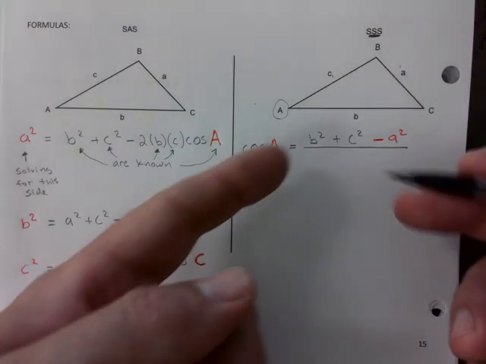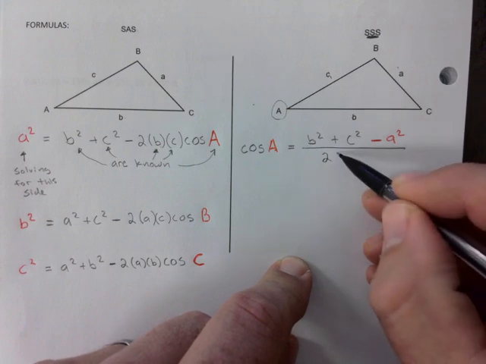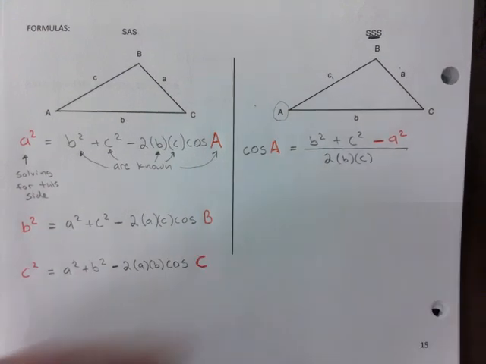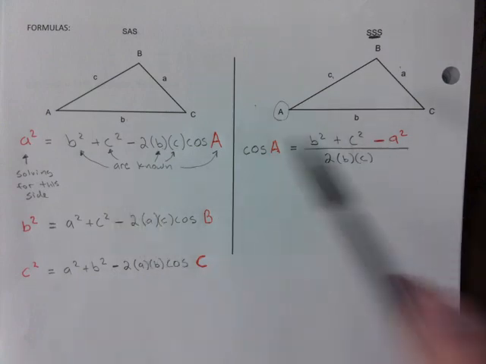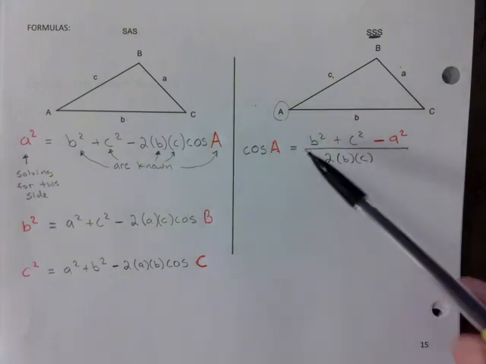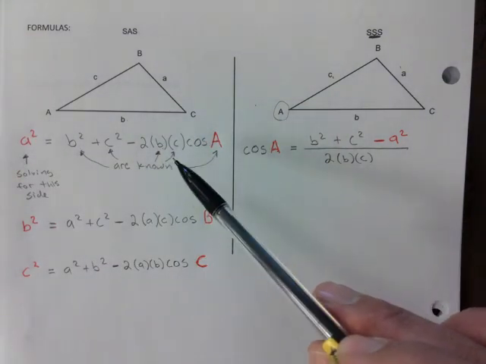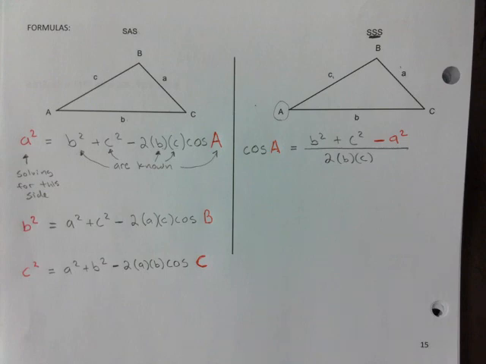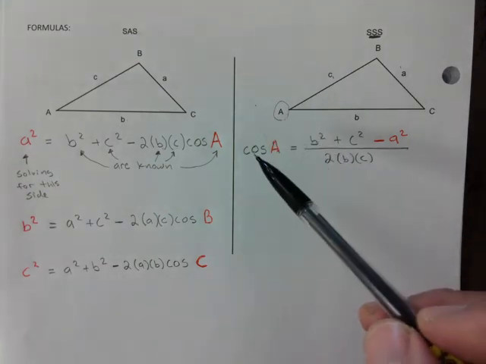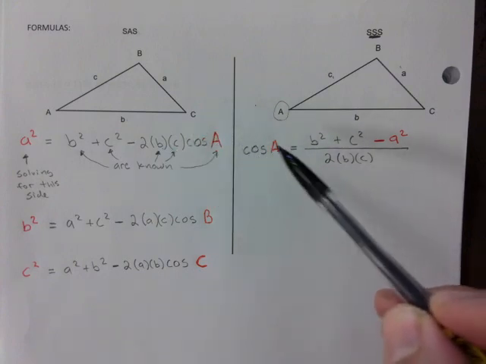And then underneath, you go 2 times b times c. And you might be like, are these related, Mr. Dirksen? Absolutely. In fact, this one is just rewriting this equation. Like if I did algebra and I shifted stuff around, you would end up with this, right? But in this case, we made sure the cosine of A is isolated on its own, okay?